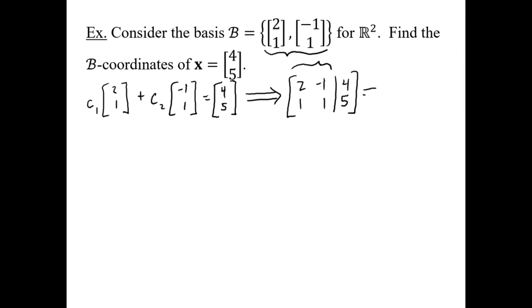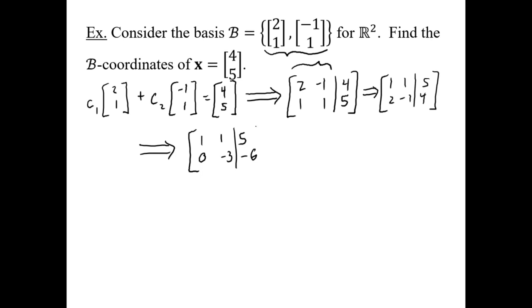We can switch the top and bottom rows. Let's see. Multiply the top row by negative 2, and then add the bottom row. So I get 0, negative 3, negative 6. Divide the bottom row by negative 3, we get 0, 1, 2.